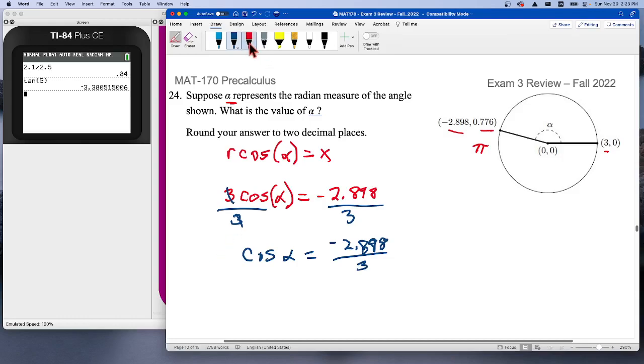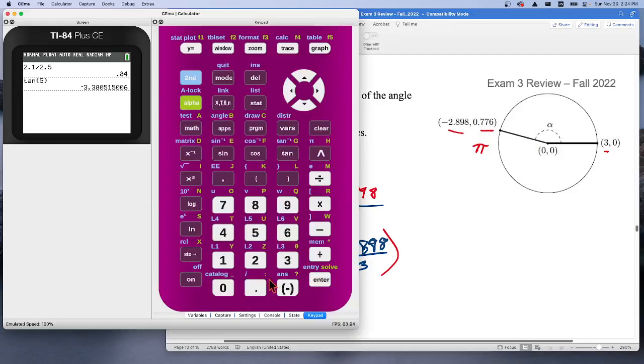We're going to take the inverse cosine of both sides. Here, inverse undoes the other one, so our answer is going to be alpha is equal to this. And so let's go ahead and calculate it. And that's going to be the correct angle because we're using cosine.